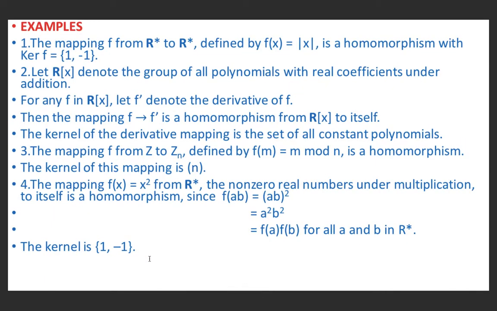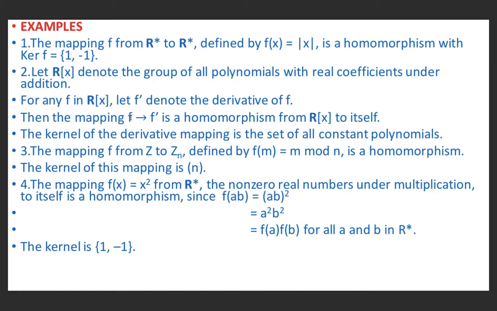Some examples. The mapping F from R* to R* defined by F(x) equal to |x| is a homomorphism with Ker F equal to {1, -1}. 1 and -1 are the elements of the kernel. Let R[x] denote the group of all polynomials with real coefficients under addition. Let f' denote the derivative of f in R[x].